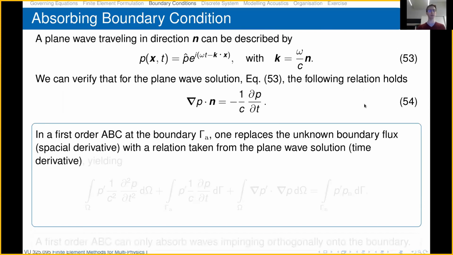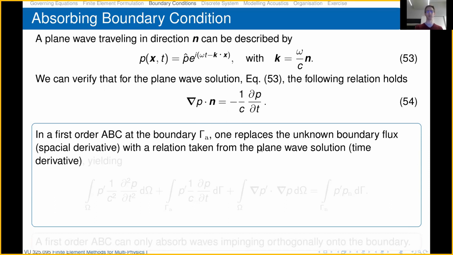If we now have a first order absorbing boundary condition at our boundary gamma A, we want to say that our solution assumes this plane wave solution at the boundary. So this means waves can only propagate outwards and not inwards.